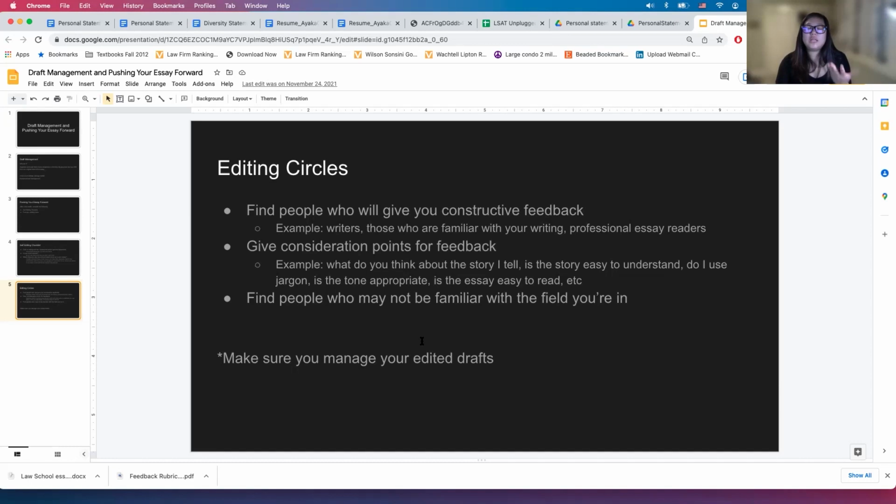Also, when you're giving your essay to others to read, I think it would be great to give consideration points for feedback. If you have differing levels of people who are reading your essay, I have friends who can read my essay, but I also have professional essay readers and other writers who write for their work read my essay.